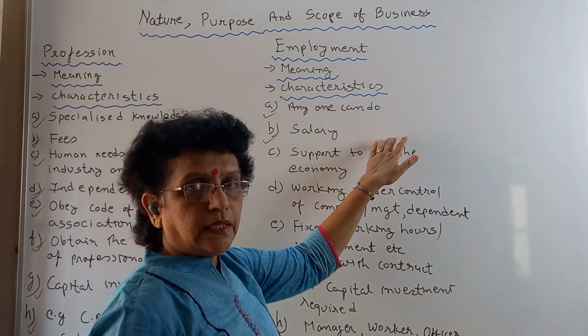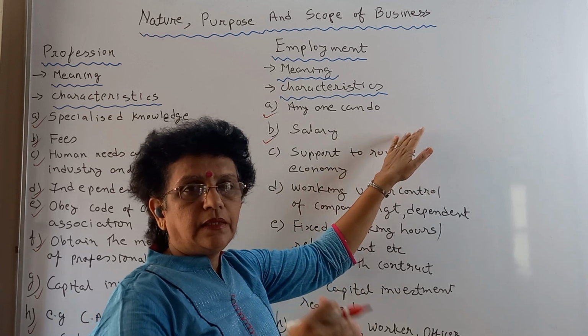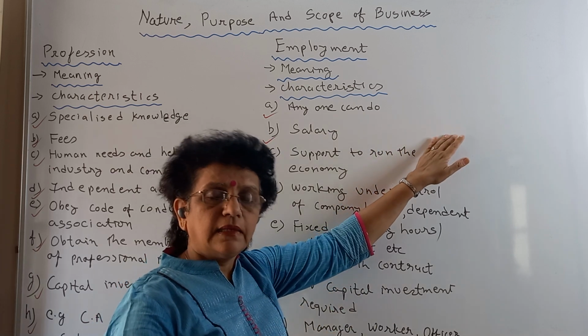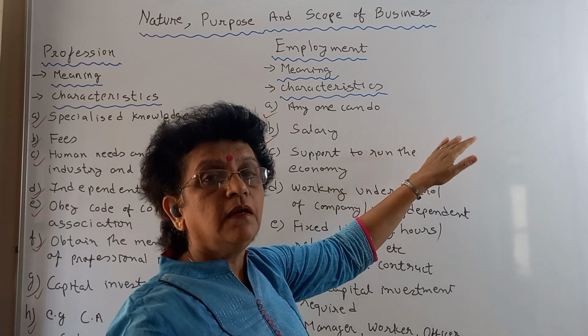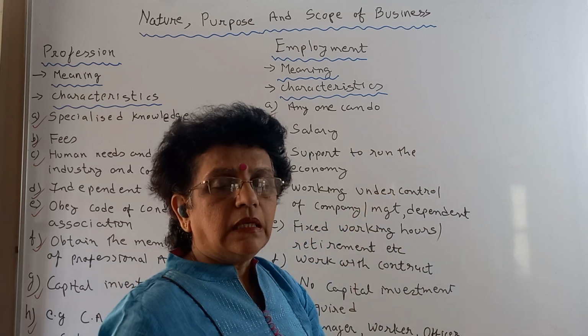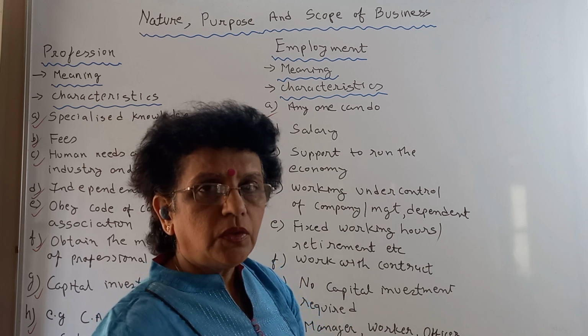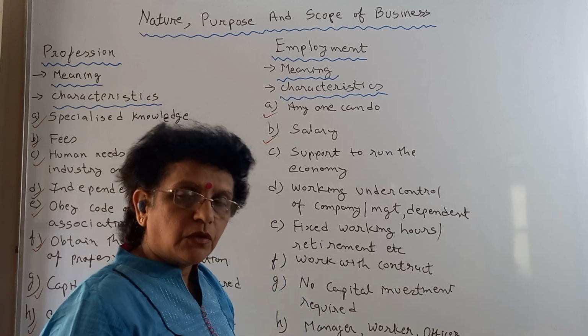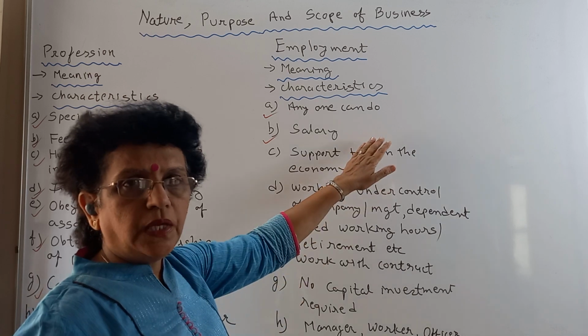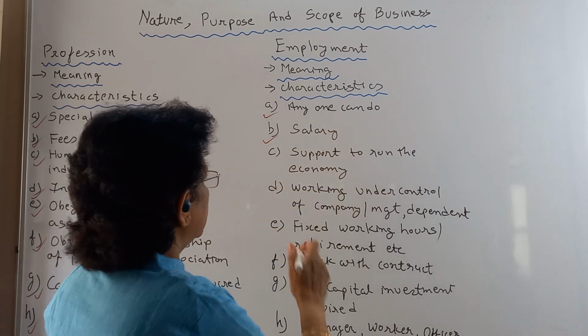Over and above salary, they get the gratuity, the pension benefit, the retirement benefit, the bonus and so many other things as per the employer, whatever he wants to give, and as per the government rules, whatever is to be given, they are eligible to get.